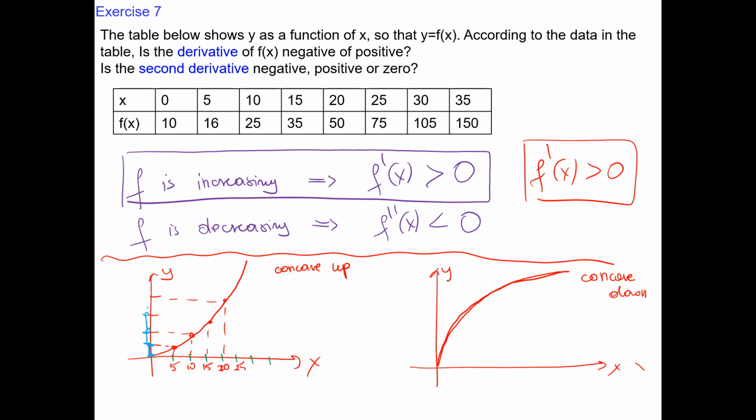Then this one is bigger, this one is even bigger, and the corresponding value for 25 will be somewhere here, even bigger. That means if the size of increase of the y values is getting larger, then the function is always concave up. This is longer, and this is longer, and this is longer.